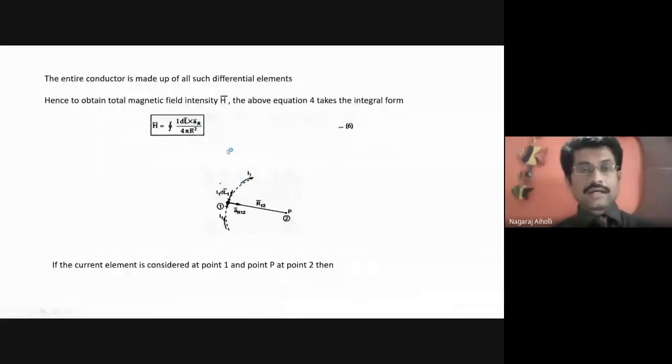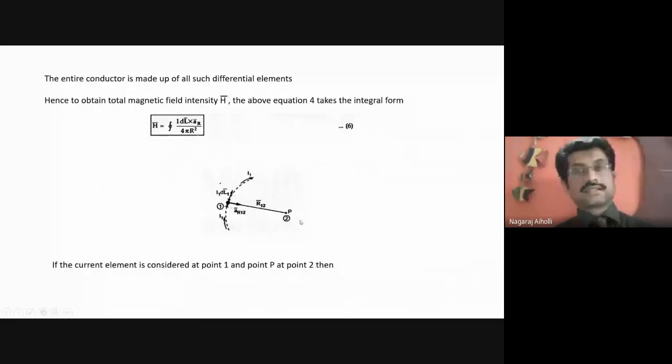Source is point 1, destination is point 2, so it is aR12 bar, and the distance vector will also be from source to destination, taken as R12. While representing the vector, we take it as capital R12 from source to destination. But when doing the calculation, it is opposite: we take the destination coordinates first minus the source coordinates.